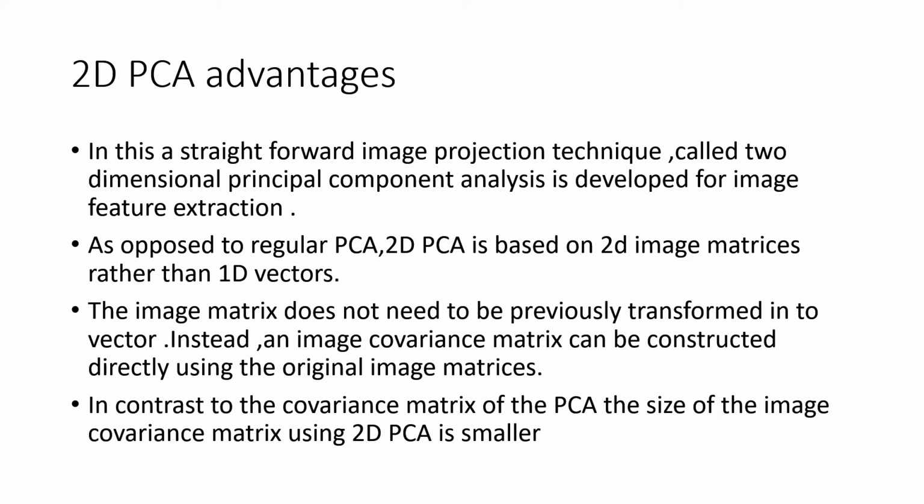In contrast to the covariance matrix of PCA, the size of the image covariance matrix using 2D PCA is smaller. If we take an image of 25 cross 25 and convert it into a vector, we get 625 cross 1, and the covariance matrix will be 625 cross 625, which is large in dimension. In 2D PCA, we calculate the image covariance matrix, and hence the covariance matrix obtained will be of size 25 cross 25. Hence we can achieve computational efficiency.